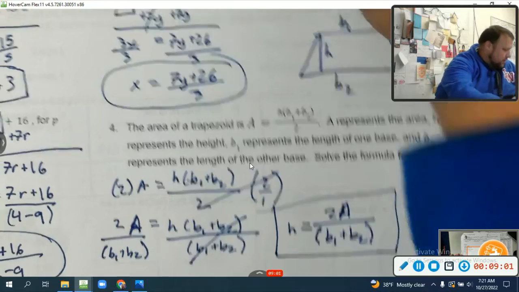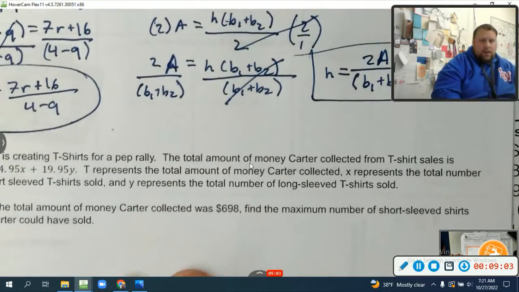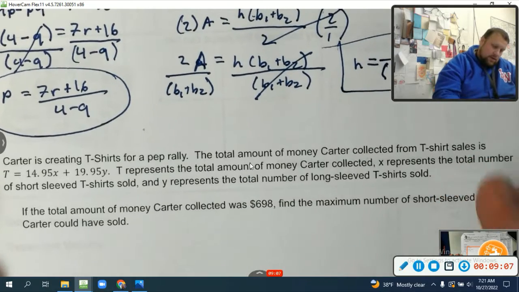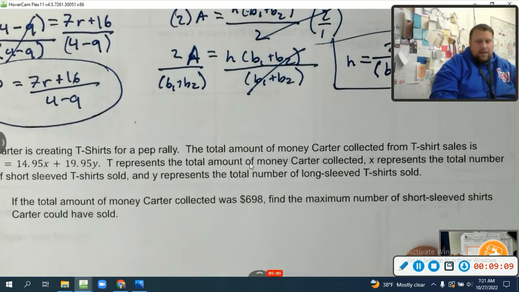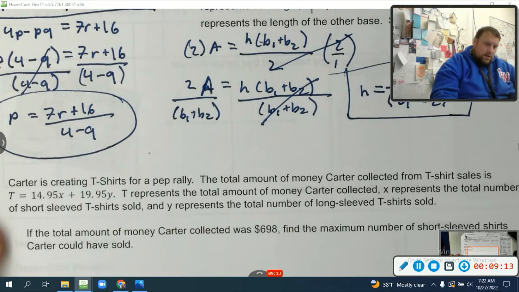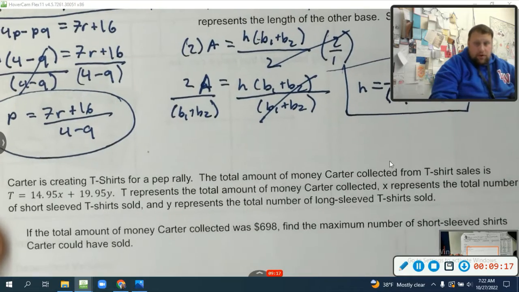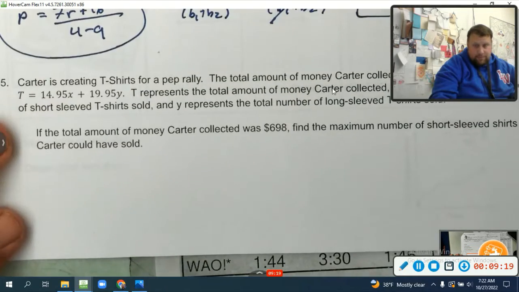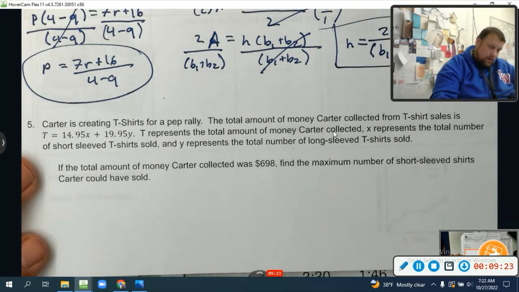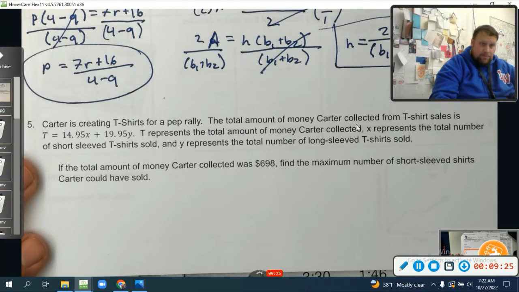Last, we're going to talk about t-shirts here. And let's talk about it. So we say Carter is creating t-shirts for a pep rally. A little bit extra room there. I don't know why I took a picture. It's weird.